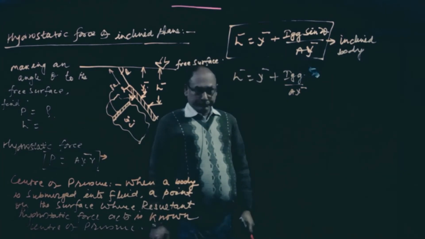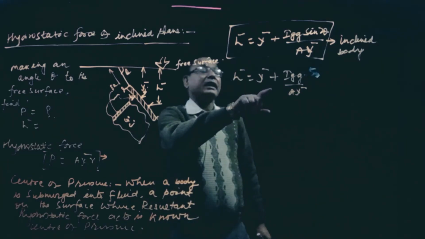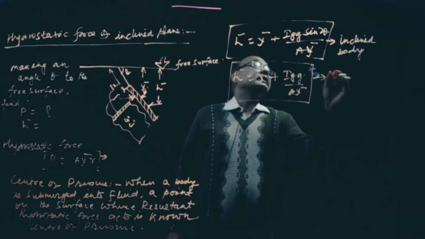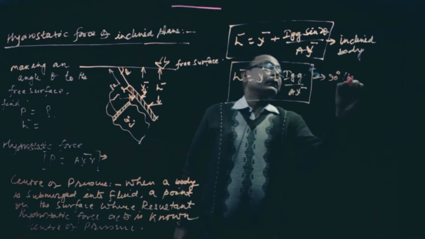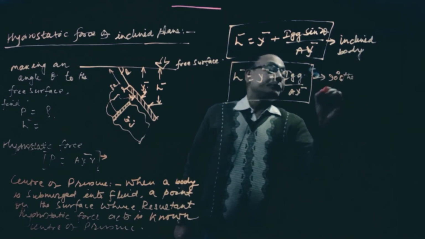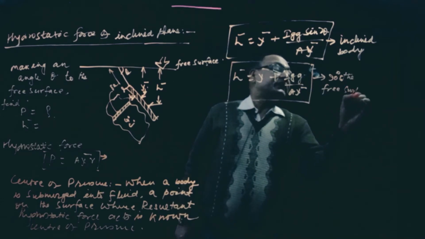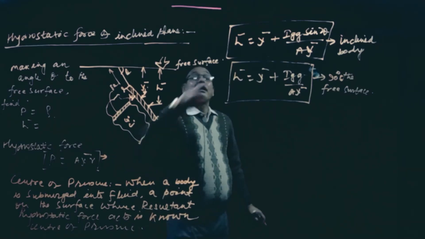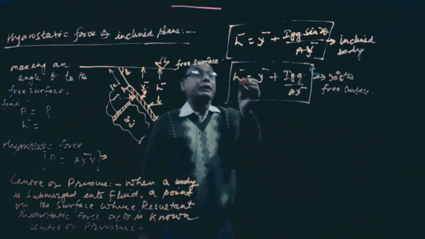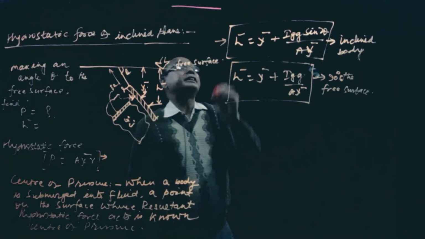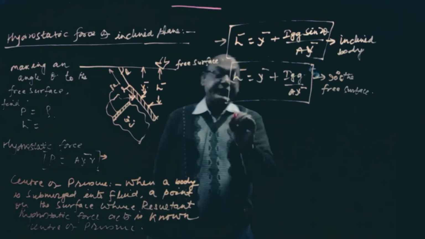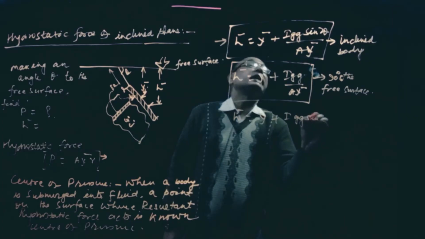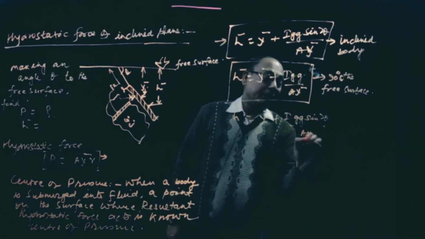So in both cases the hydrostatic force equation will be the same, but the location of the center of pressure will be different. So it is better to remember this equation: h dash is equal to y dash plus IgG sin square theta by A y bar.